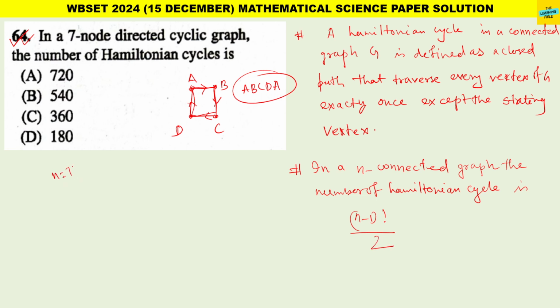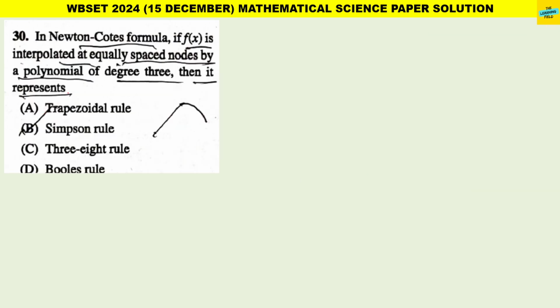Here n equal to 7, so our answer is 6 factorial by 2, which is equal to 720 by 2, that is 60. Fine. Option C is the answer.